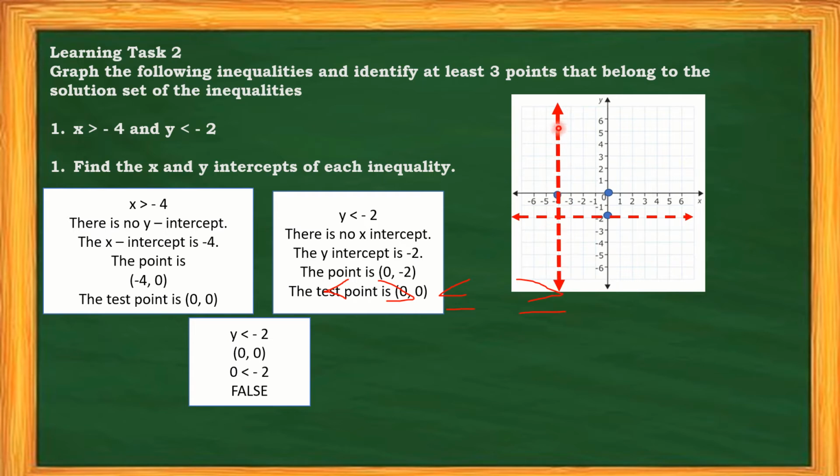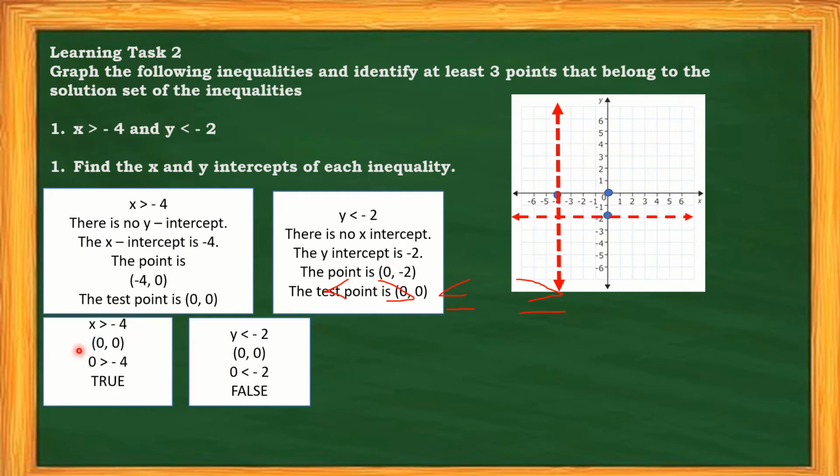Here is our first graph, x is greater than negative 4. We will find out where to shade, whether to the right side or to the left side. Again, we will use the easiest test point, 0, 0. Let us substitute in the first inequality, x is greater than negative 4. Since there is no y, x is 0.